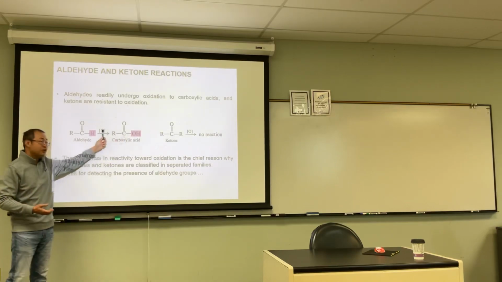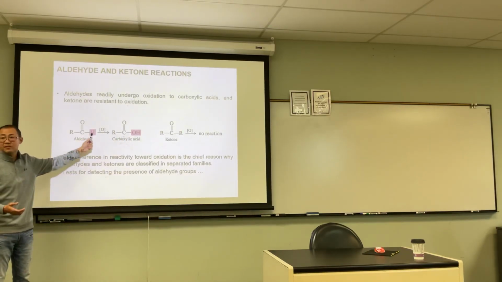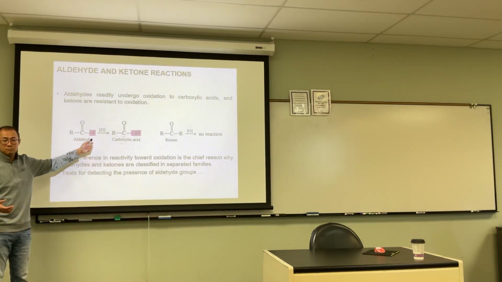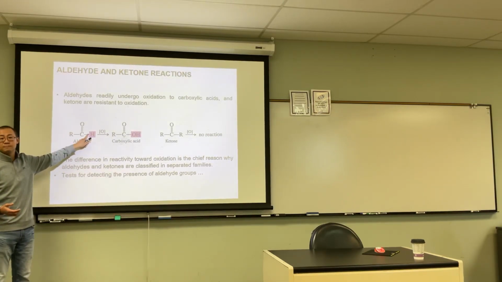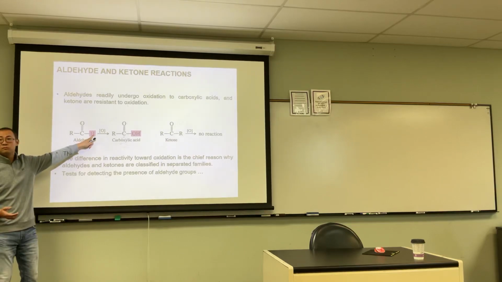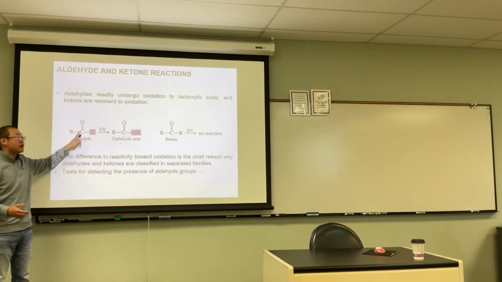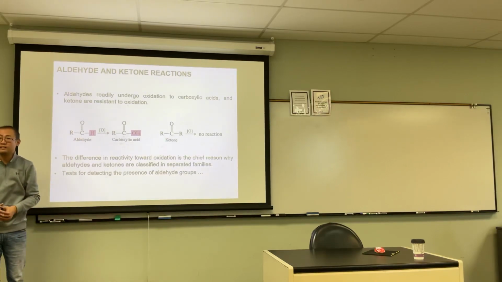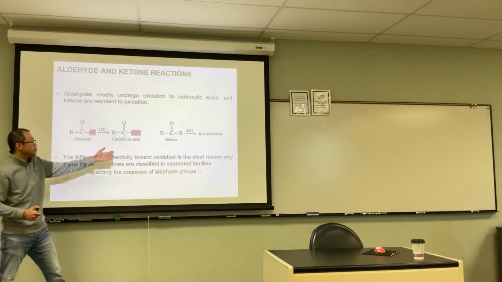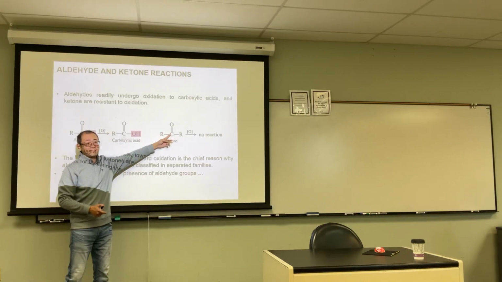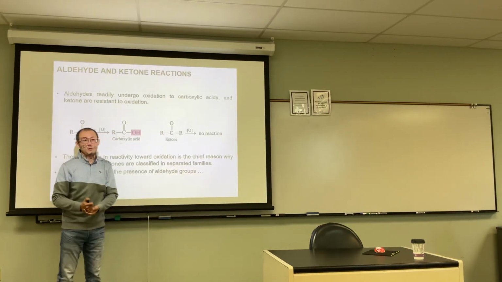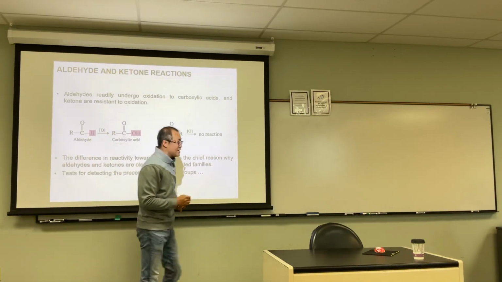Again, what happened here, you can understand this reaction as by inserting a what? An oxygen between the C and the H. And because of this H on the carbonyl group, the aldehyde can be oxidized. In ketone, the carbonyl carbon does not have the H. There won't be any oxidation reaction. So that's the first reaction.